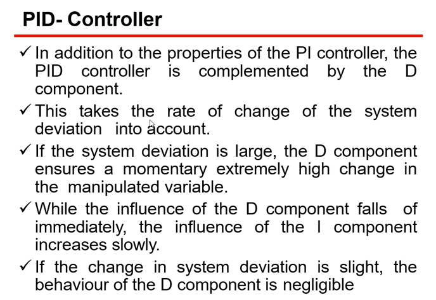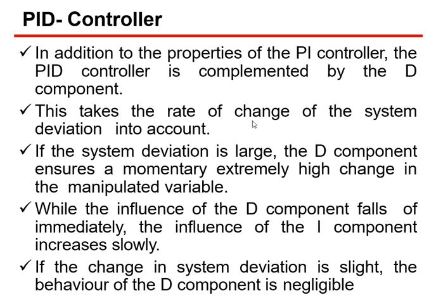This takes the rate of change of the system deviation into account. It is taking the rate of change of system deviation, that is again important. If the system deviation is large, the D component ensures a momentary extremely high change in the manipulated variable, while the influence of the D component falls off immediately. The influence of the I component increases slowly.